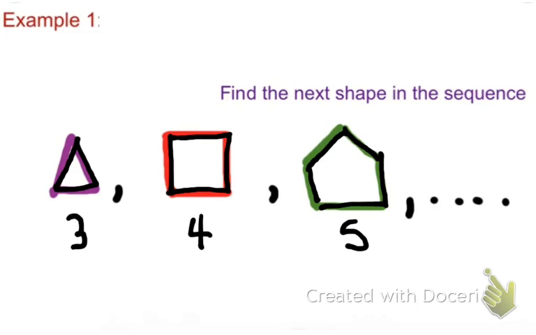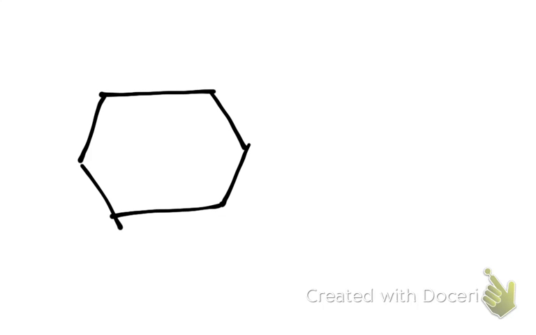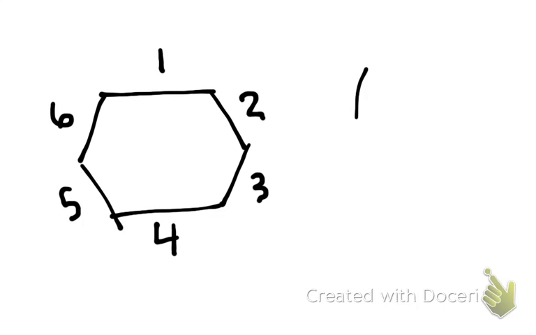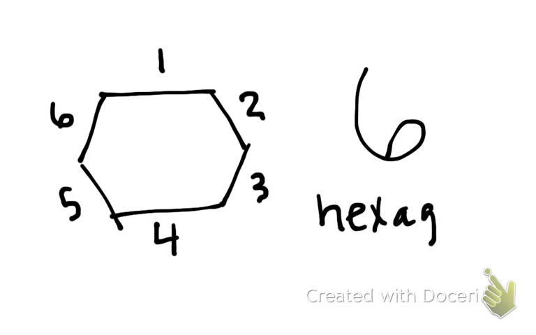So the next one would end up being a 6-sided figure, 1, 2, 3, 4, 5, 6, and that would be a hexagon.